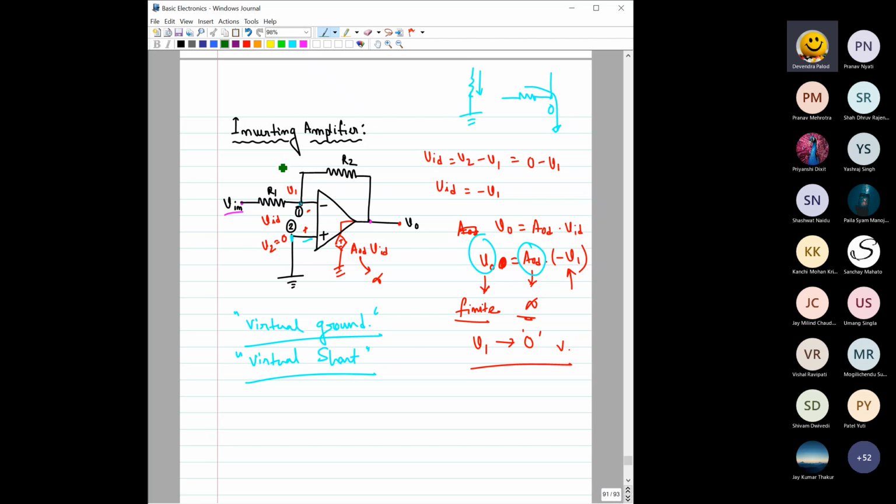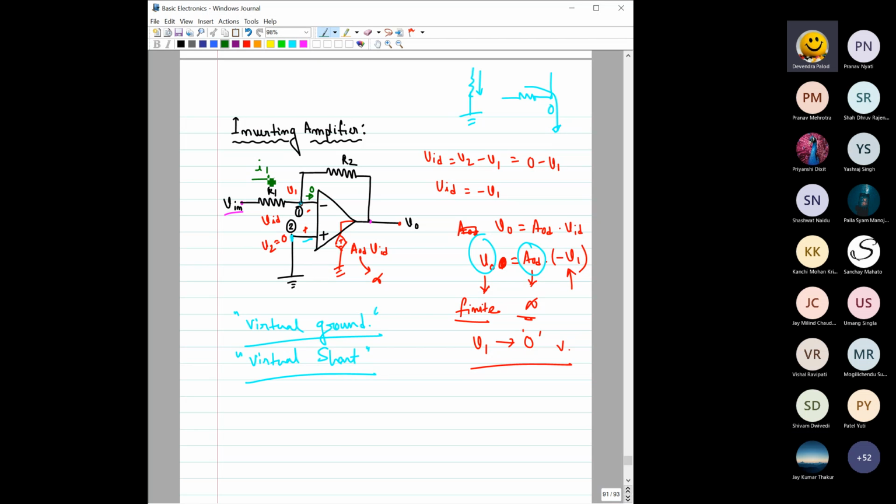For that, say the current which is flowing through is I1. Then what is the current which is flowing into this op-amp? It is 0, right? Because its input resistance is infinite for an ideal op-amp. So this current is 0.